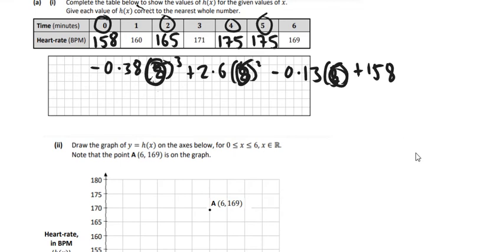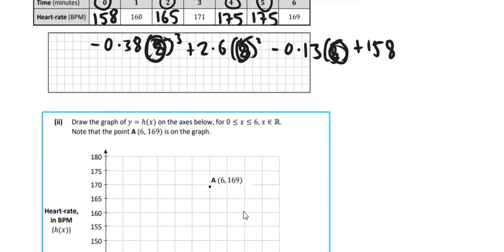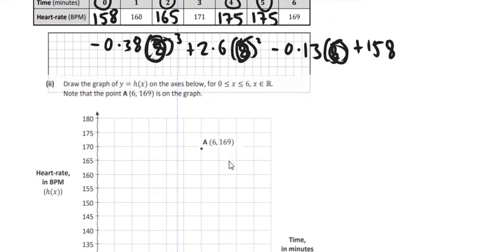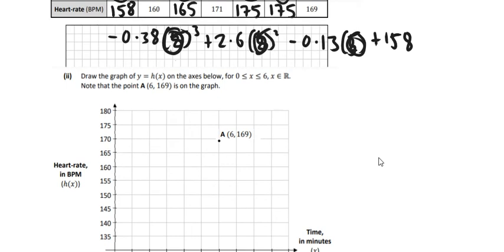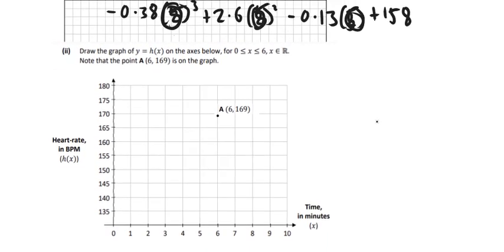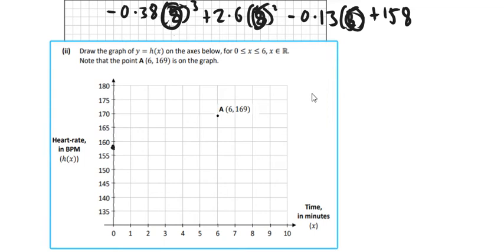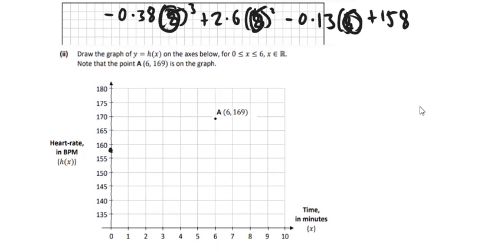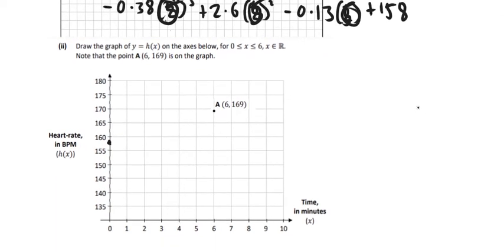For the second part, you just have to plot them on the graph. So 0, 158 is the first one. You go across 0 and up to 158, so 158 would be about there. And then 1, 160. You go to 1 and then up to 160, and that'll be above it.